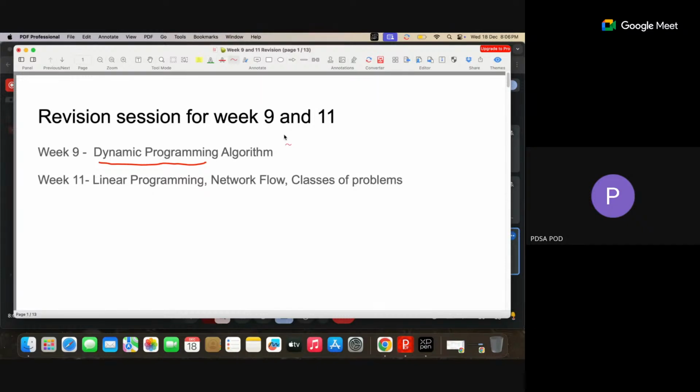Okay. So there are standard algorithms in dynamic programming. The first basic one is the grid path. We'll first finish week 9, then we'll think about week 11.